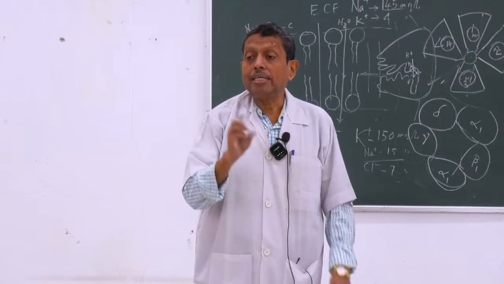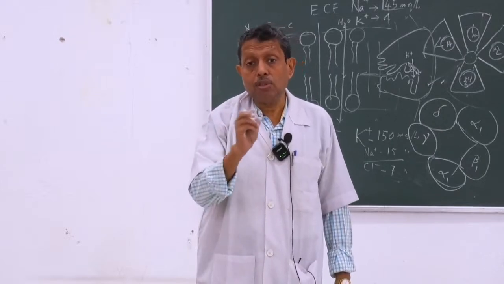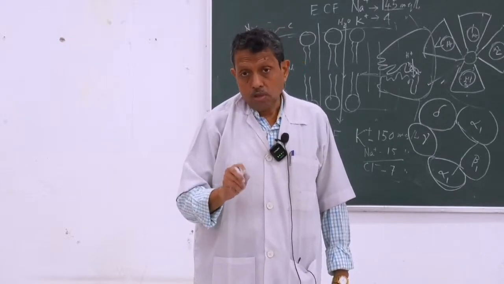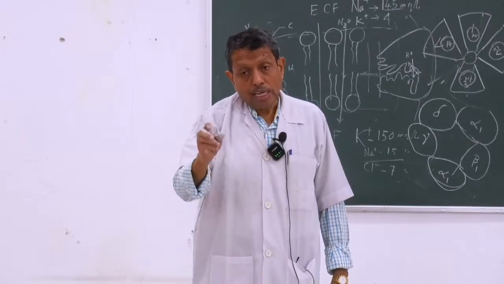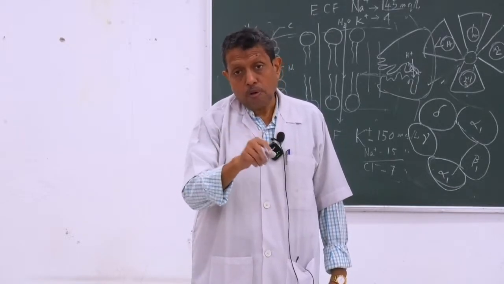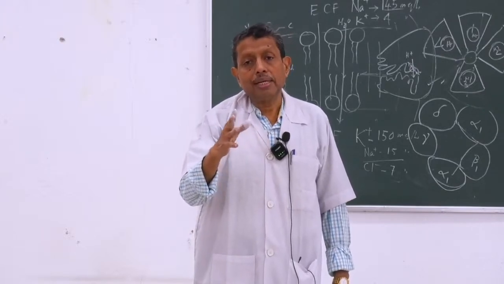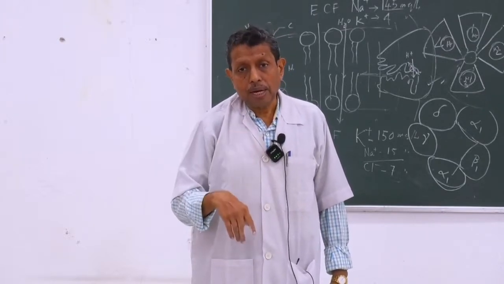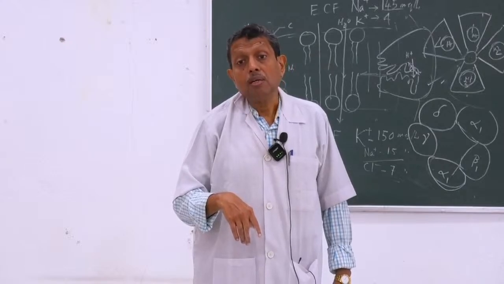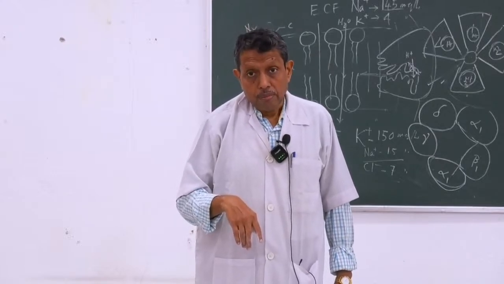So if there are more osmotically active particles within the cell due to Donnan equilibrium, water will enter following osmotic equilibrium, and the cell will gradually enlarge. Ultimately it may burst, or it may become non-functional.